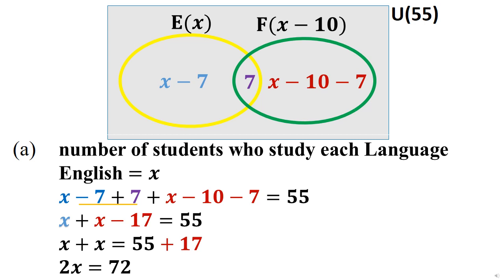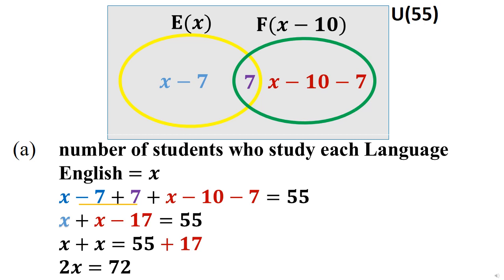So the first portion, we have x minus 7 plus the second portion, which is the intersection number, 7, plus the third portion, which is after the intersection number, x minus 10 minus 7, equal to 55, which is our universal set number of members.